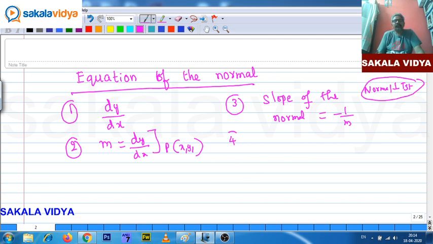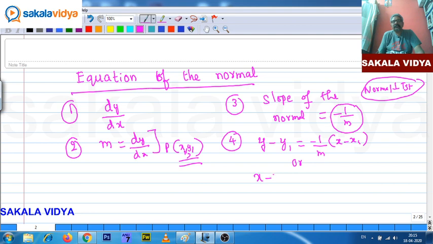Now, fourth one, having slope minus 1 by m and passing through the point x1 comma y1, the equation is given by y minus y1 is equal to minus 1 by m into x minus x1, or cross multiply, you can write like this also, x minus x1 equals minus m into y minus y1.